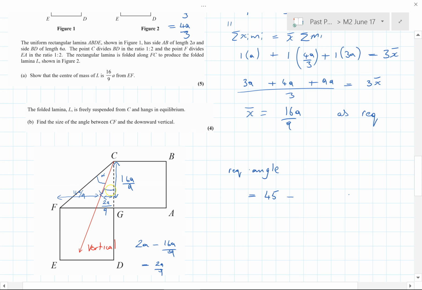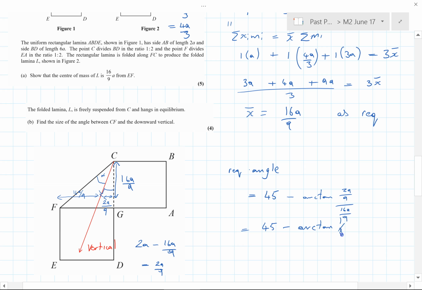Take away this angle here, which will be opposite over adjacent, so that turns to 2a over 9, so it's arctan 2a over 9 over 16a over 9. Well, obviously that works out as 45 take away arctan 1 over 8.